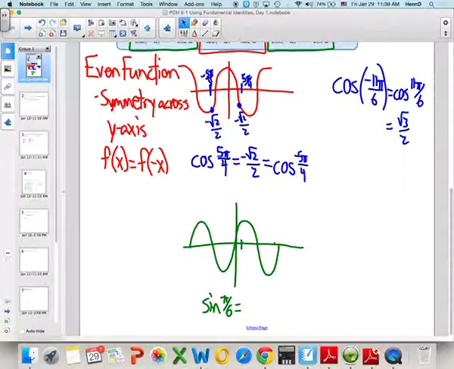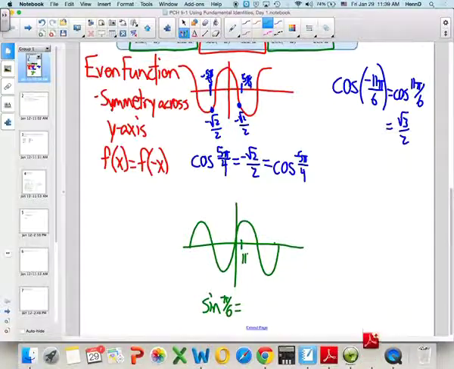Now let's take a look at negative pi over 6, which is the same as 11 pi over 6. Negative pi over 6 gives negative 1/2.